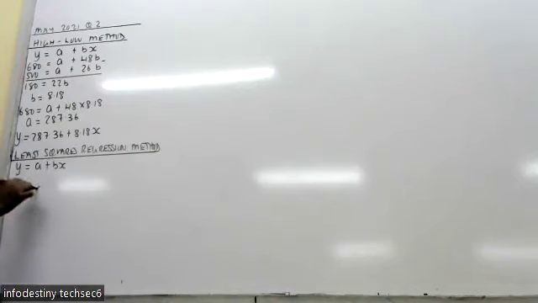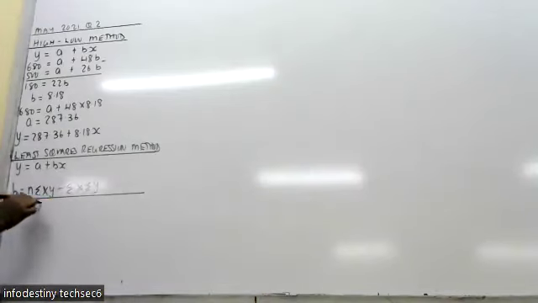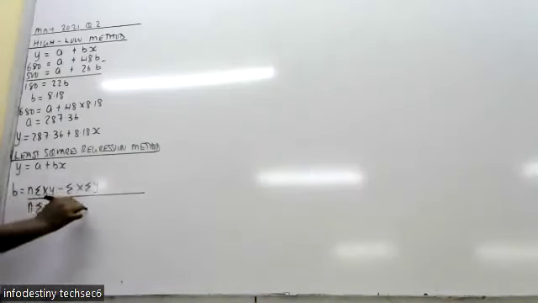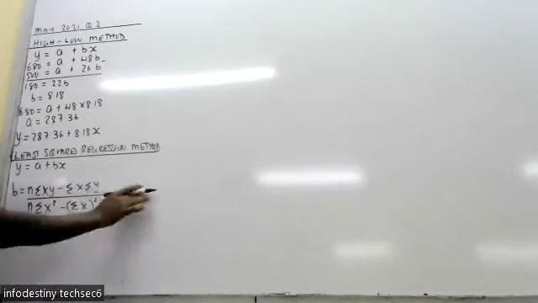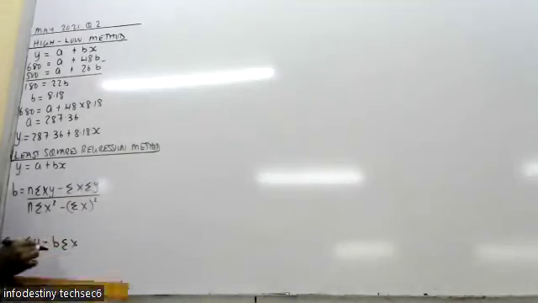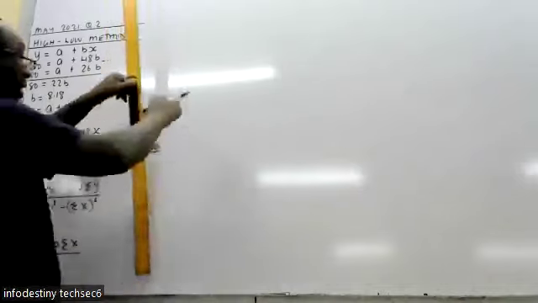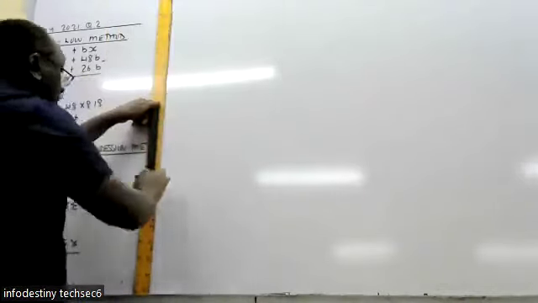Then b is given as n sum of xy minus sum of x, sum of y, divided by n sum of x squared minus sum of x squared. Then a is sum of y minus b sum of x, divided by n.